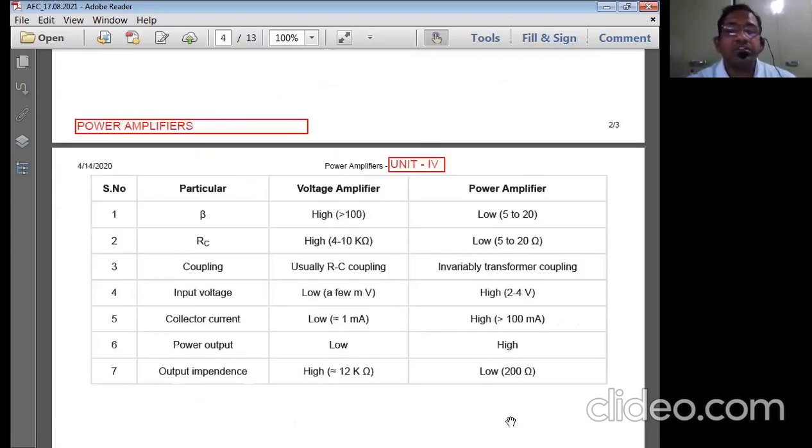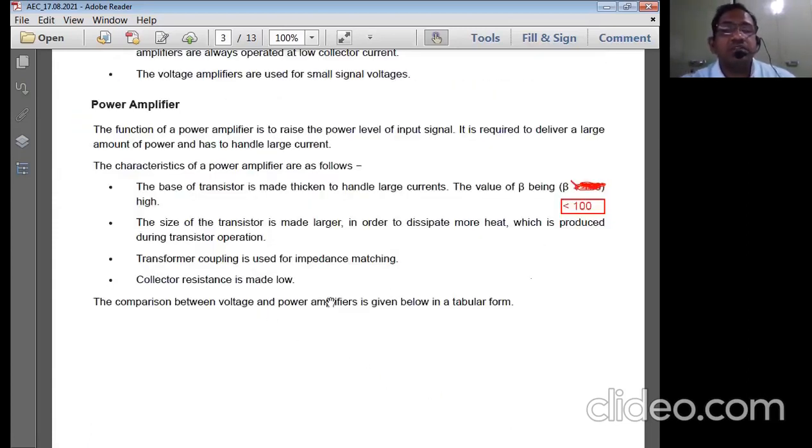Very important concept this is. So in order to achieve impedance matching, we normally have transformer coupling. Transformer coupling is normally used to provide impedance matching to the load. The load is a loudspeaker.